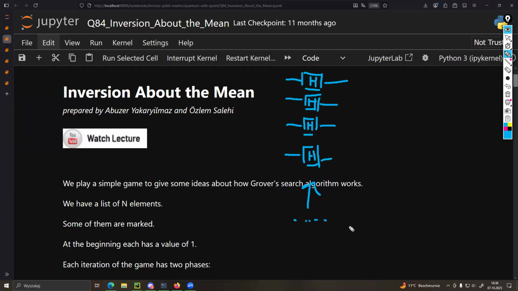We have n of these gates, which amounts to a 2 to the power of n search space, right?